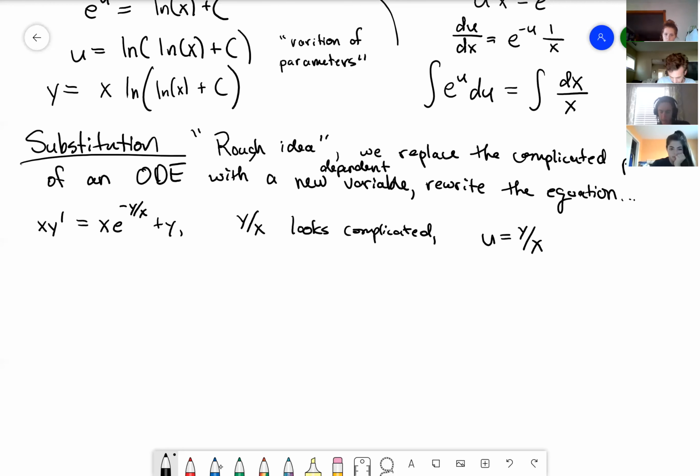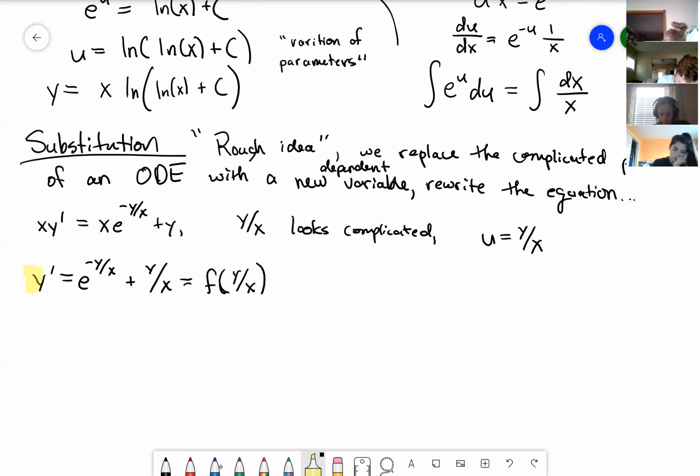In fact, if we divide through by x to get y prime by itself, we get y prime is equal to e to the minus y over x plus y over x. And now we see on the right-hand side, we have a function entirely in terms of y over x. So we have y prime on the left-hand side and f of y over x on the right-hand side.